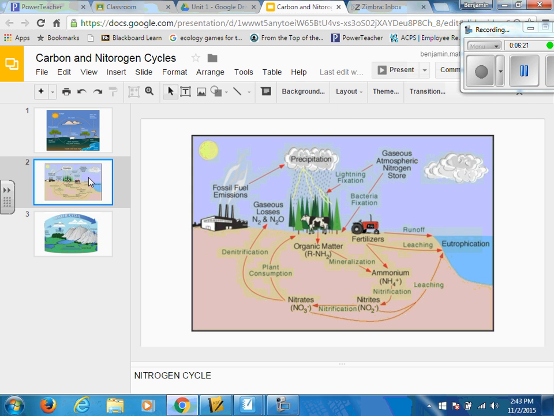Let's go down here to the nitrogen cycle and just look, how do we get it from the atmosphere? And you see on the test or on the SOL, you'll be given pictures of this. But just look where the arrows lead you. So we have lightning and bacteria. Those two areas help us get the nitrogen where it needs to go.